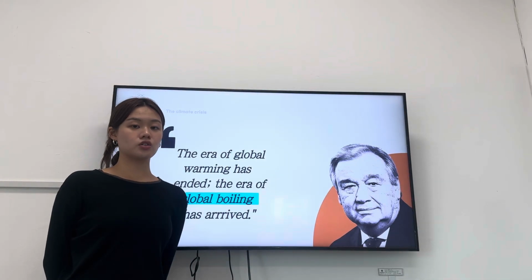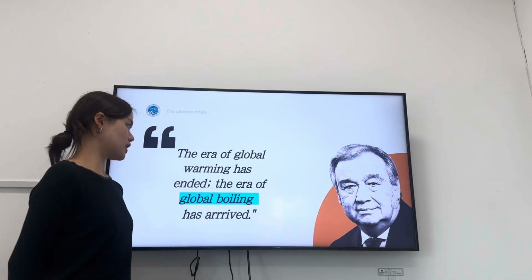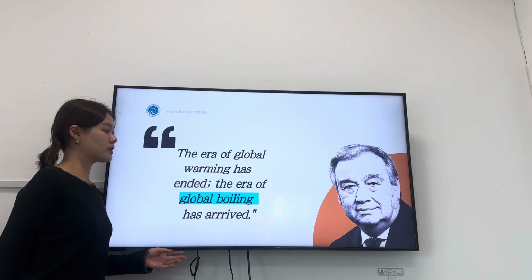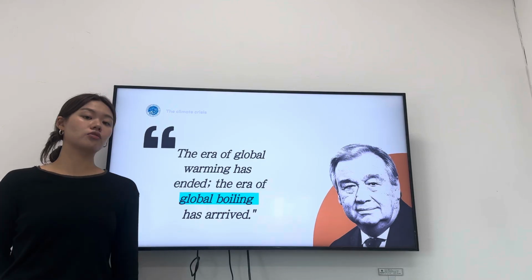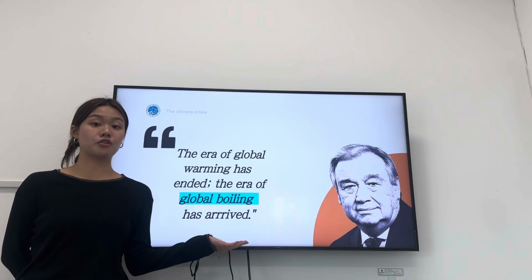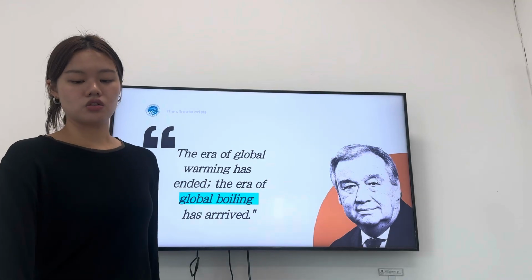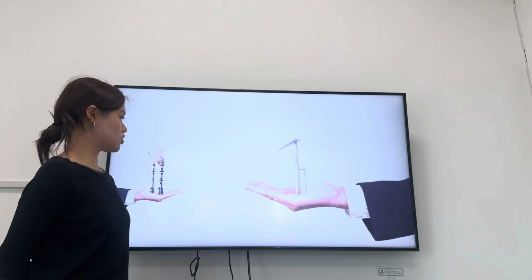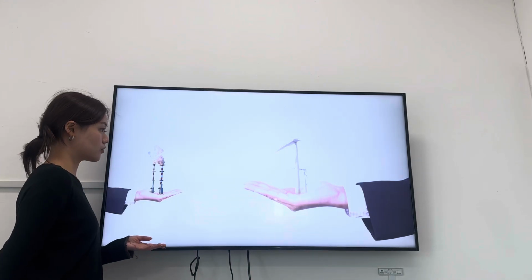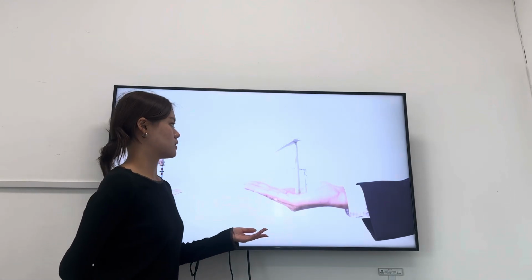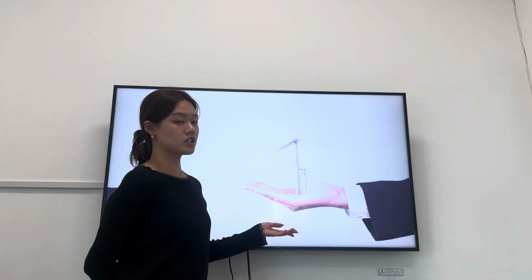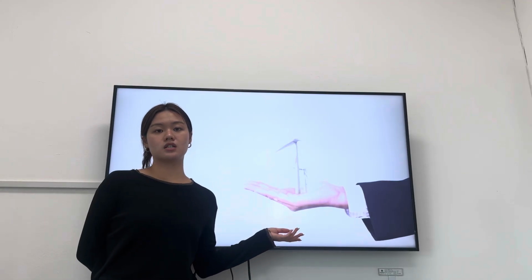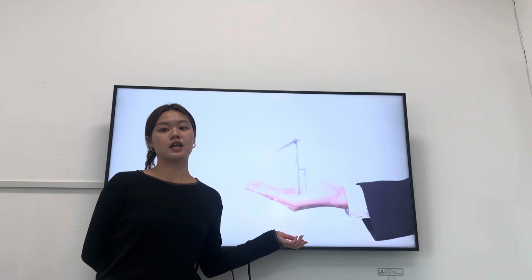In July 2023, the UN chief said the era of global warming has ended. The era of global boiling has arrived. To stop the rising temperature, we need to reduce fossil fuel and increase the renewable energy such as wind power and solar power.